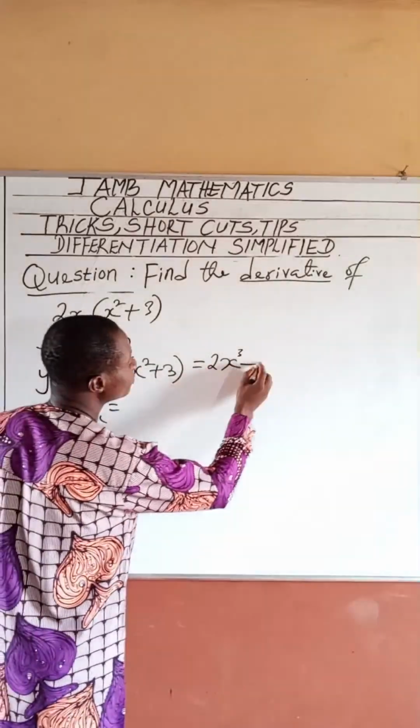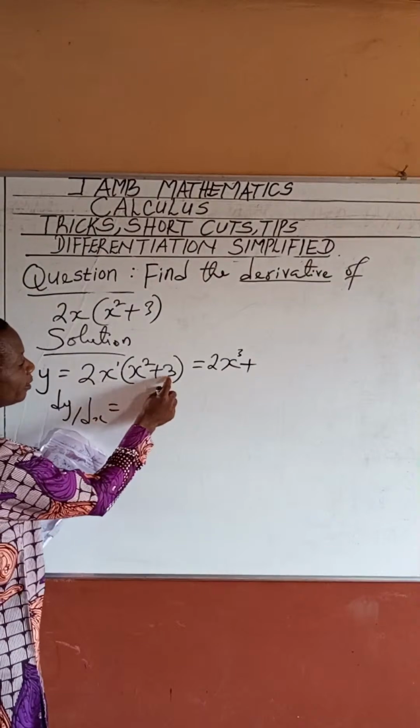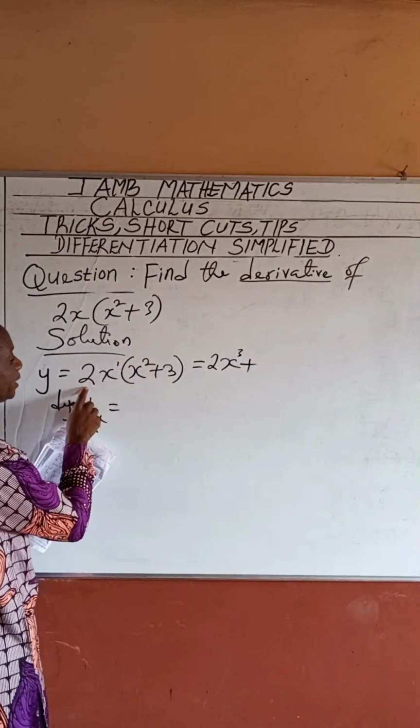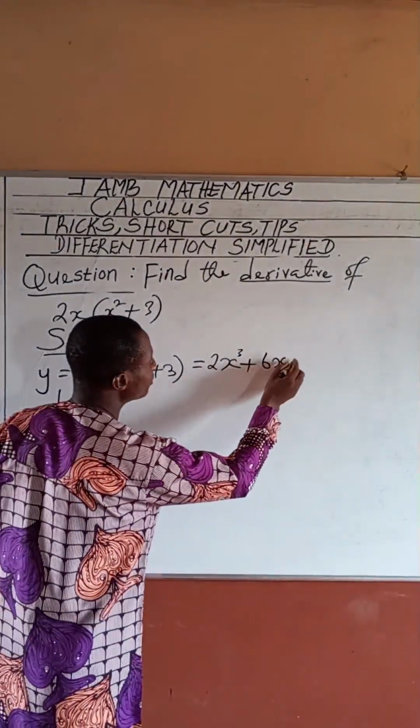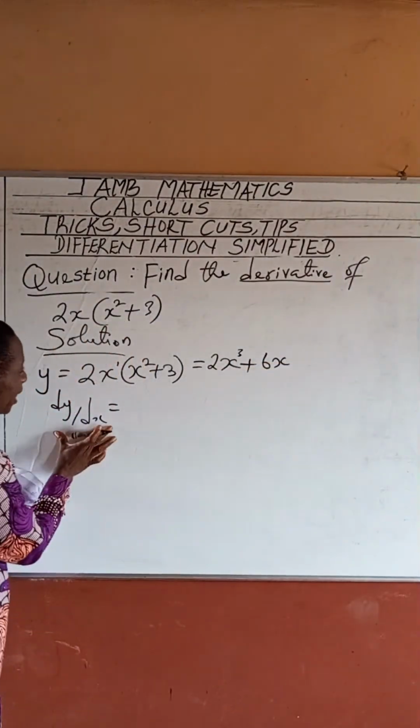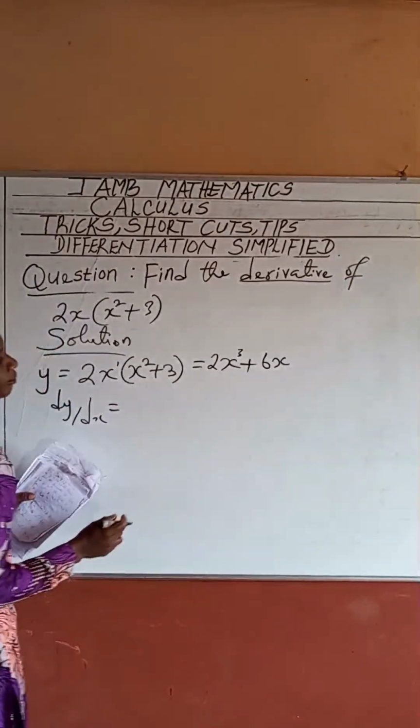Then plus 2x times 3, and 2 times 3 is 6, so we have 6x here. Then we can go ahead and differentiate this.